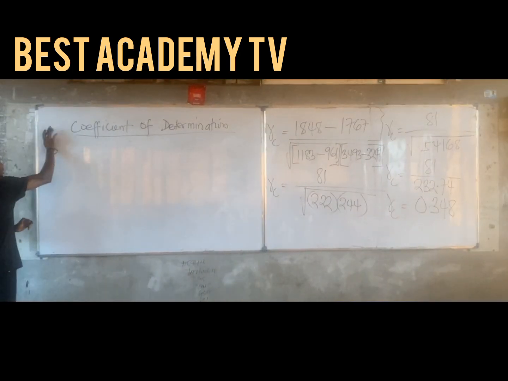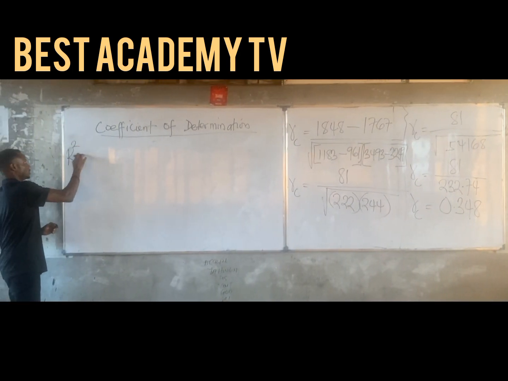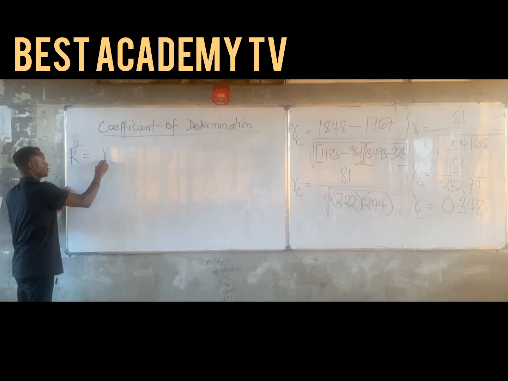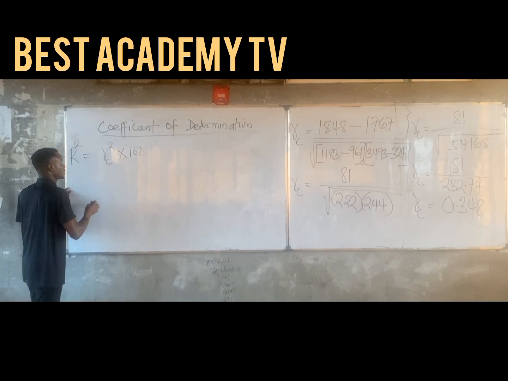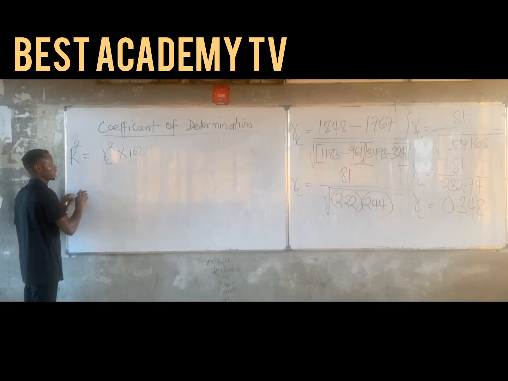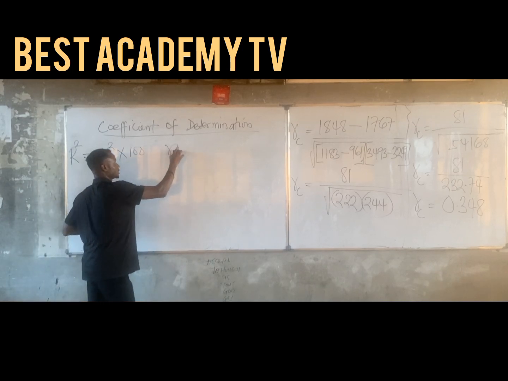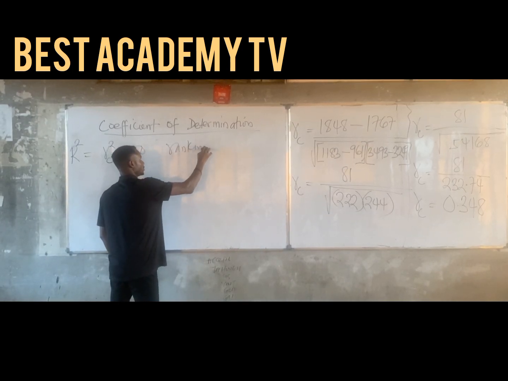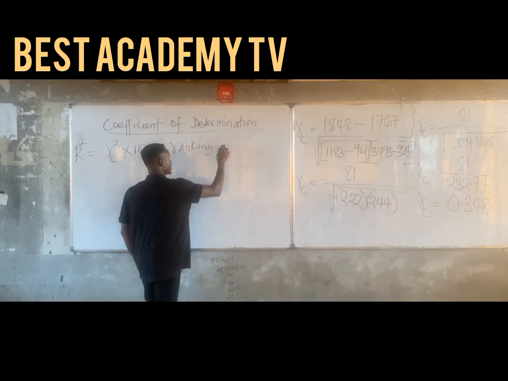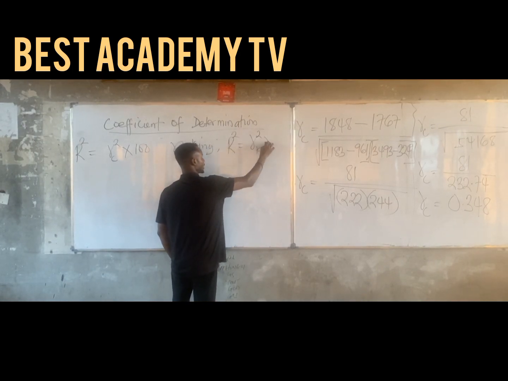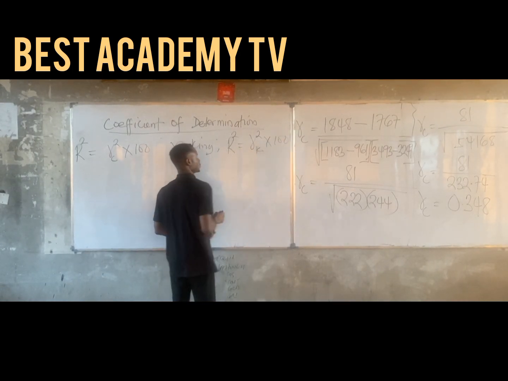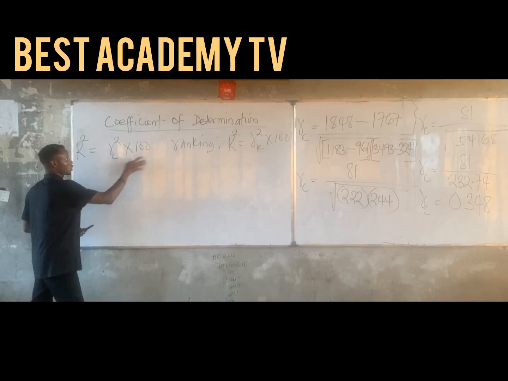So now let's get the coefficient of determination here, class. This will be arrow squared is equal to arrow C squared times what? 100. Please take note. Now if it's ranking, we can put arrow K. If I'm having this as ranking, this arrow squared will be equal to arrow K squared times 100. So either this or this.